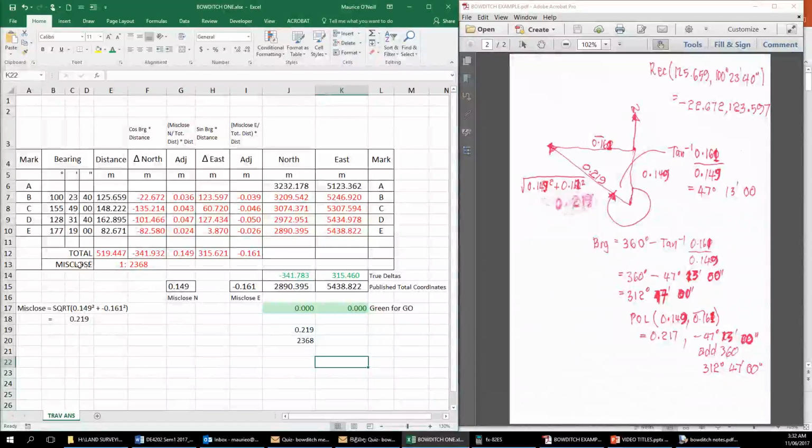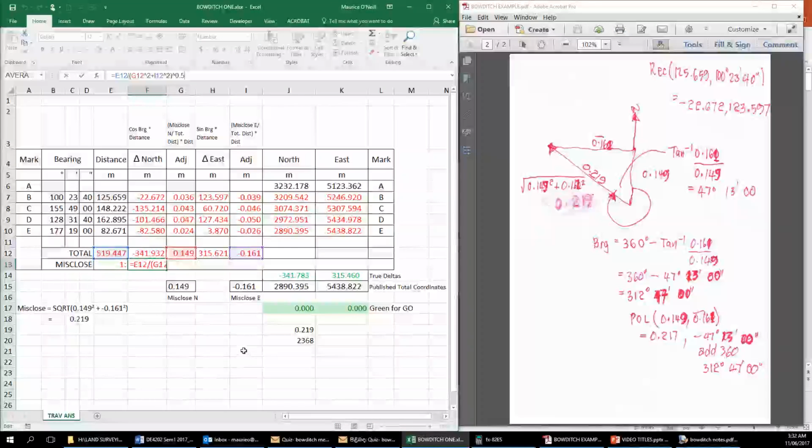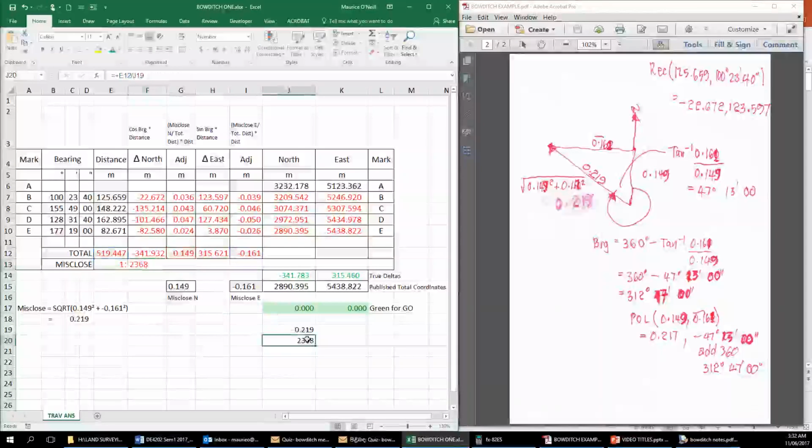And then to work out the ratio, well, the ratio is just the distance here divided by that misclose, which is 519.447 divided by, which I've got here in the spreadsheet.